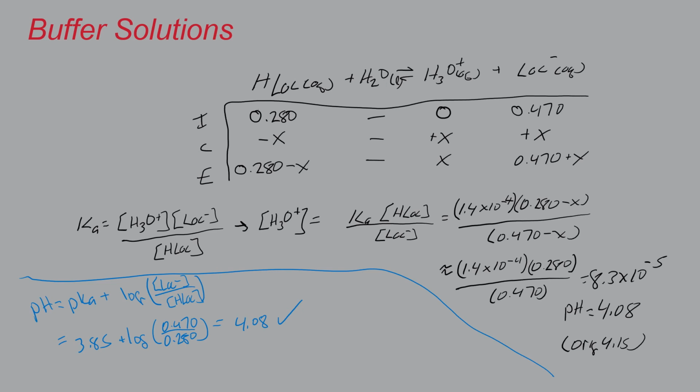One last thing I want to do real quick is to show you what the pH change would have been if you added that much acid to pure water. All right, so here's that. So again, if you add 0.03 moles of hydronium to 1 liter pure water, our pH of the pure water is 7.